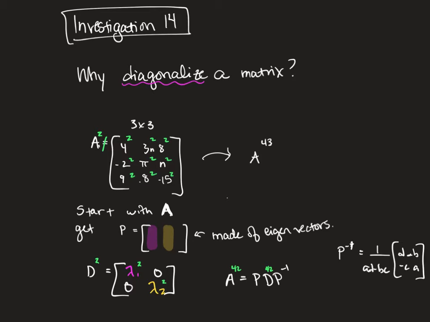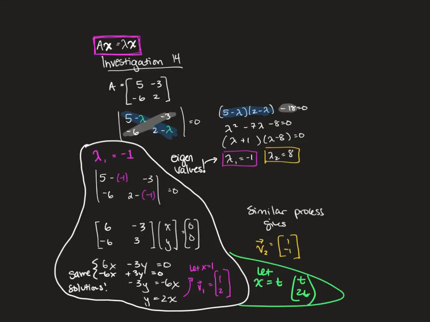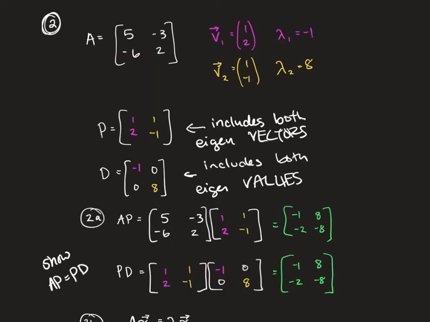So that's the idea. In investigation 14, first thing we did was we found the eigenvalues and the eigenvectors. I'm not going to go through that here. We've done that elsewhere, but I will put these notes up. Then we found P, which was just the eigenvectors. Then we found D, which was the eigenvalues. Then we showed that AP is equal to PD.